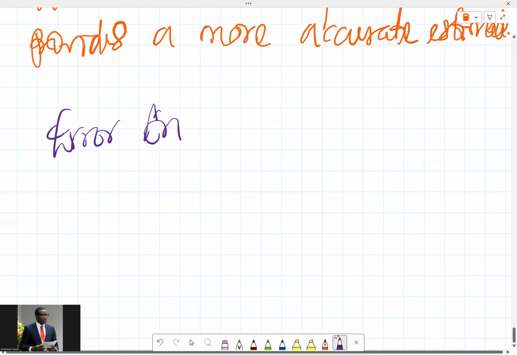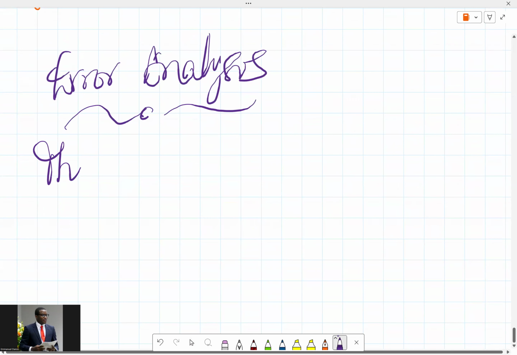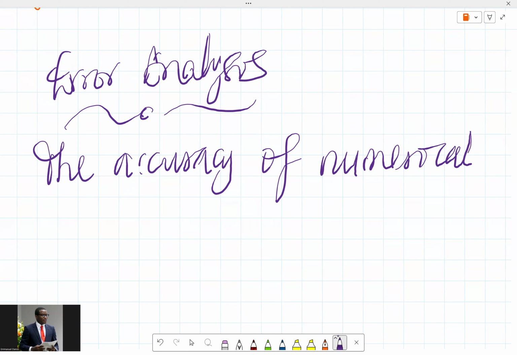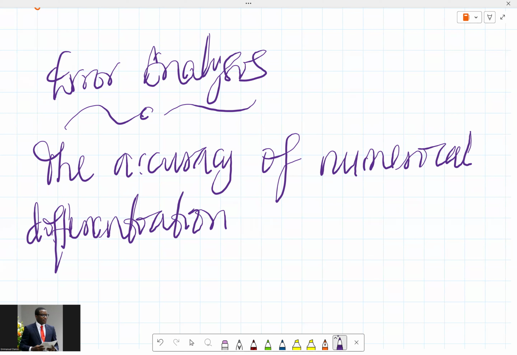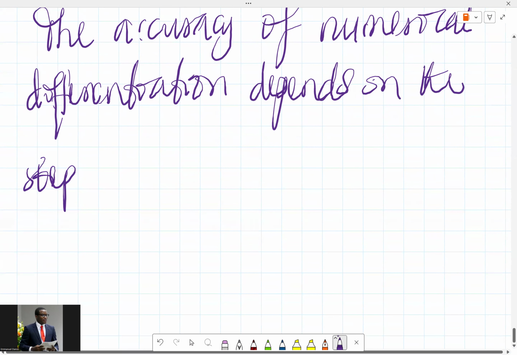So the next thing we're talking about is error analysis. In numerical analysis, error is one of the key things we have to talk about. The accuracy of numerical differentiation depends on the step size, h.